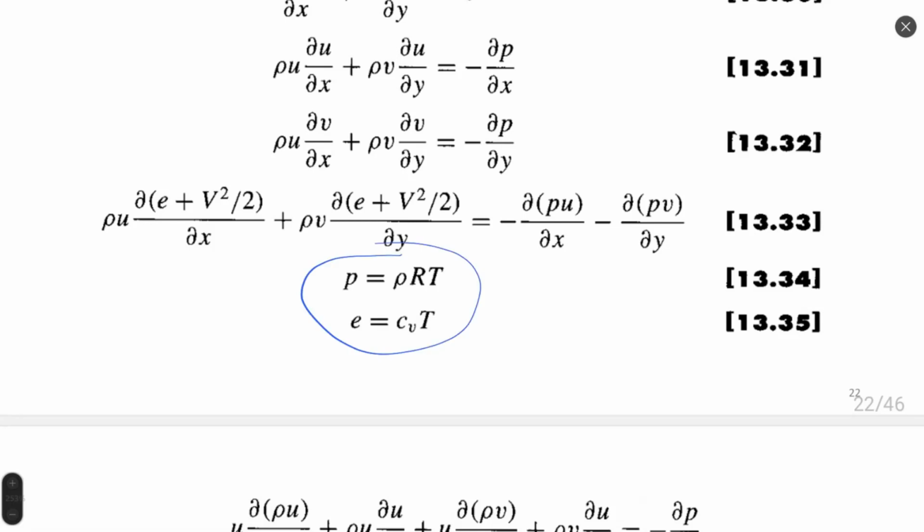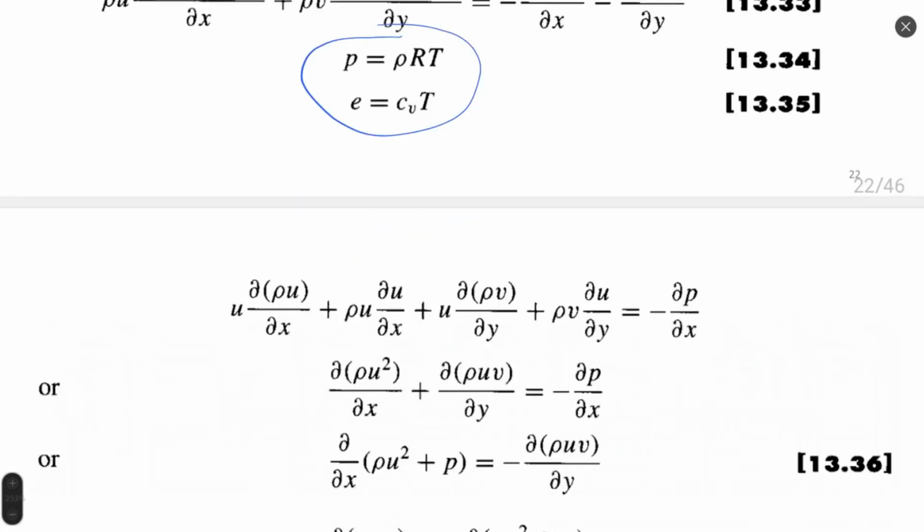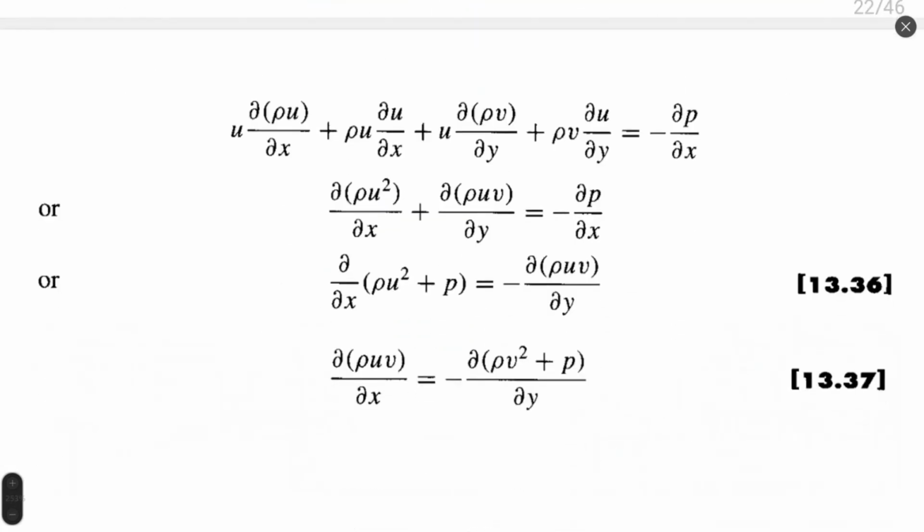Do not forget, we always must complement the equation system to have the same number of unknowns as the number of parameters. Here, the equation of state and internal energy equations are required to provide this solution.